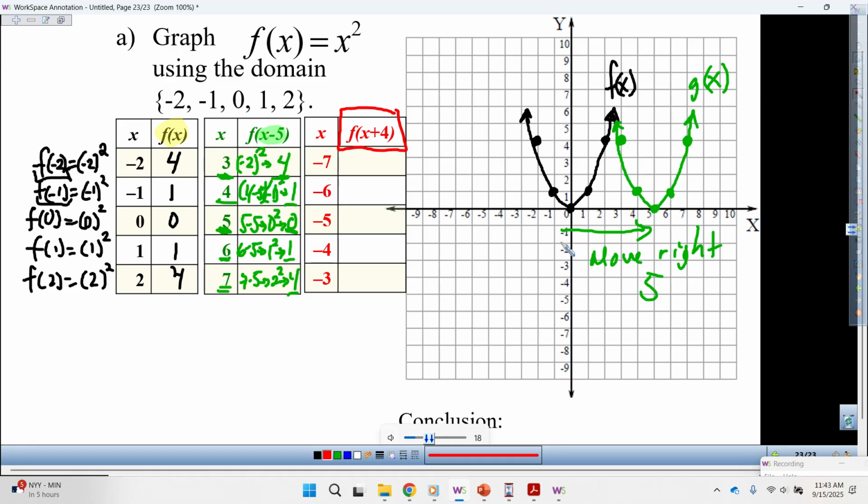If this one was x minus 5 and it moved 5 to the right, this one to the left, 4 steps. 1, 2, 3, 4. And we label that g of x.